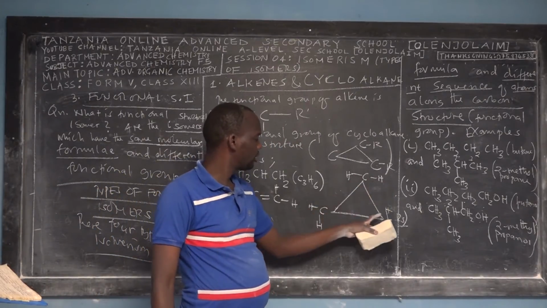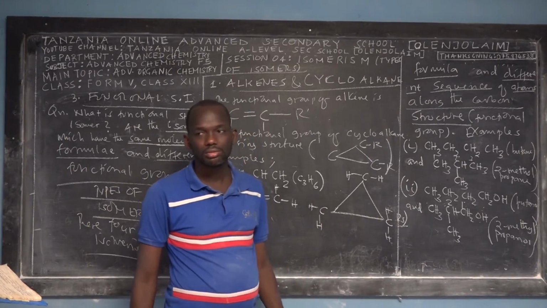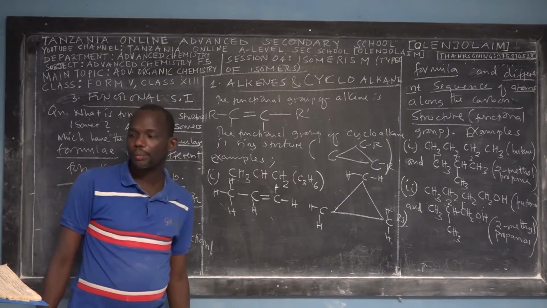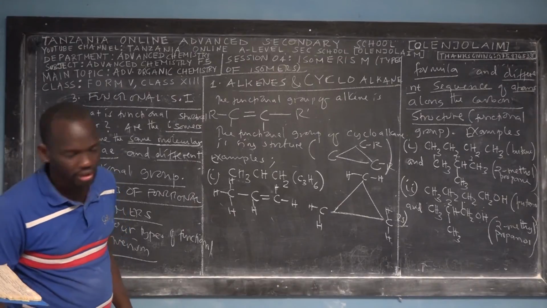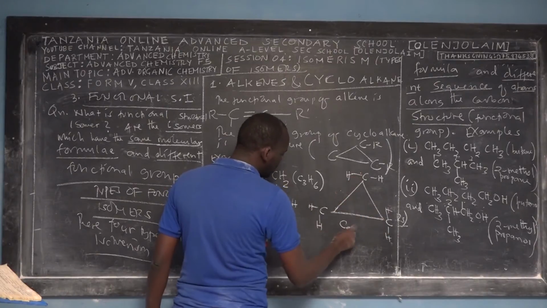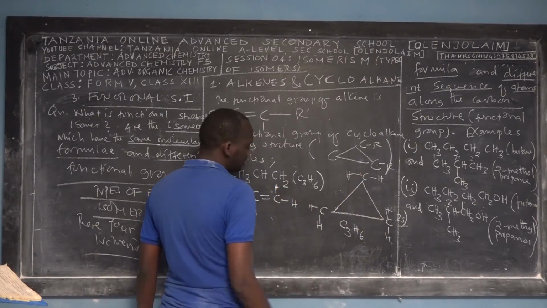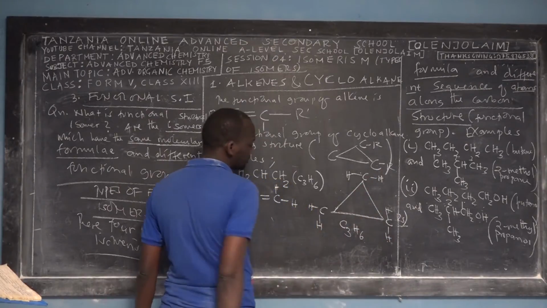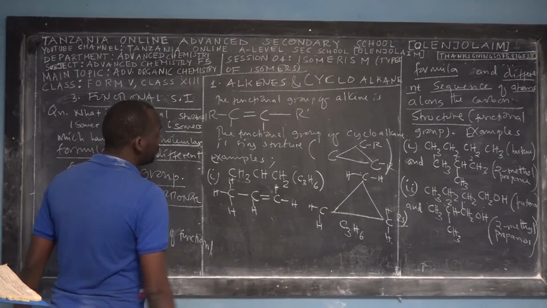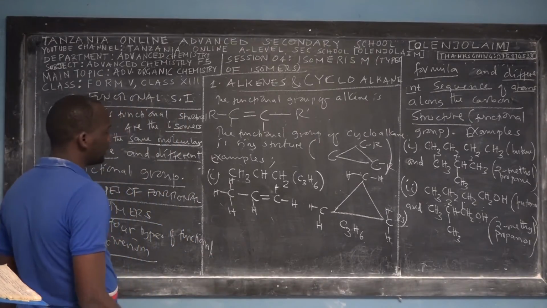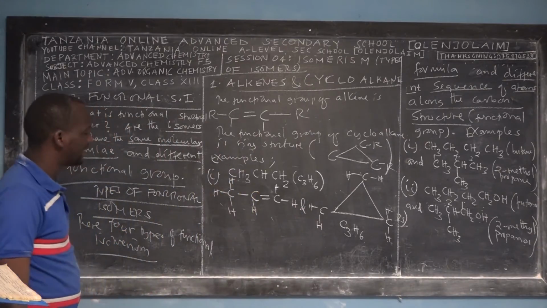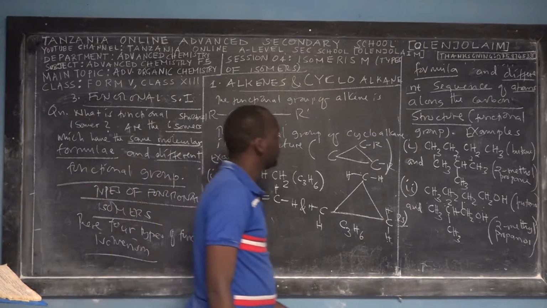This is now called cyclopropane. How many carbons? 1, 2, 3. How many hydrogens? 6. Right? So if that's the case, they are isomers. These are the 2 examples. Regardless of which you go for, you are going to find what I'm telling you here.